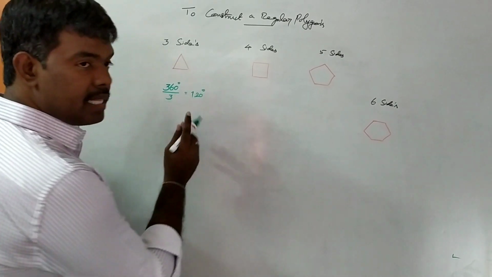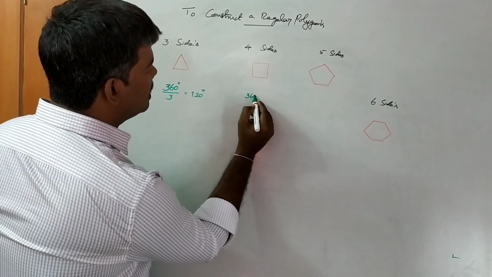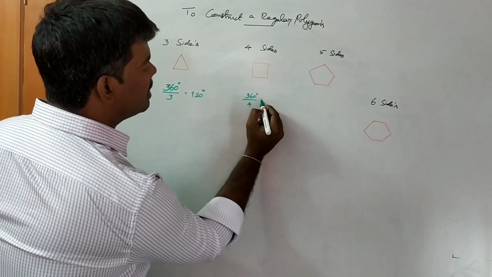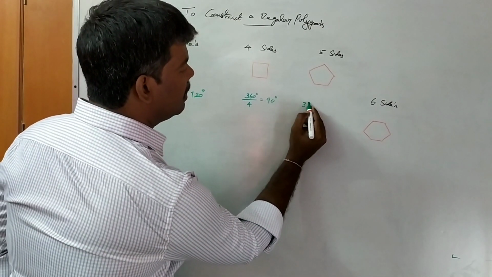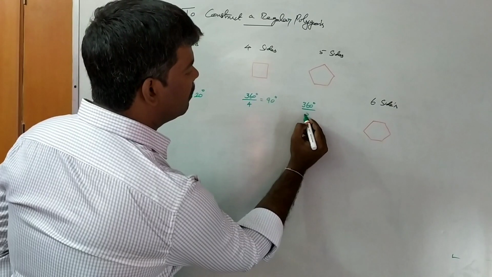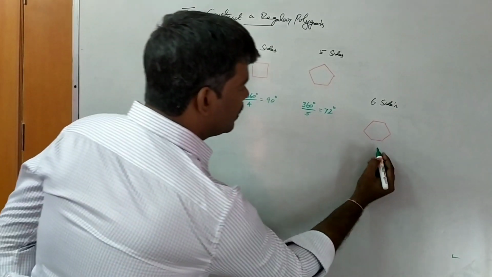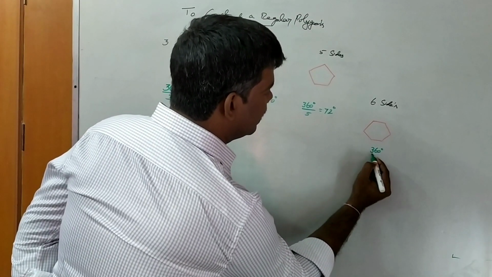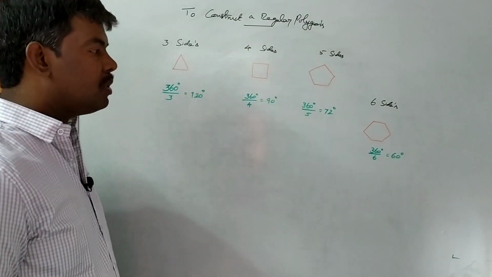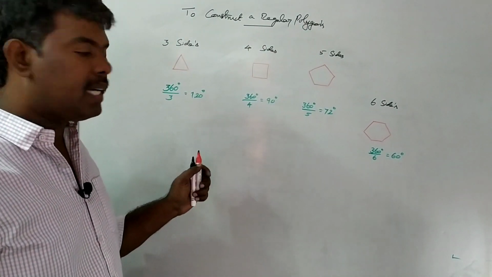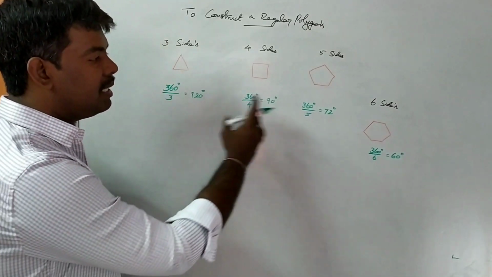The 120 degree is nothing but the exterior angle. Similarly, 360 divided by 4 sides is 90 degrees, 360 divided by 5 sides is 72 degrees, and 360 divided by 6 sides is 60 degrees. So using the protractor you fix 120, 90, 72, 60 and you get the various polygons.